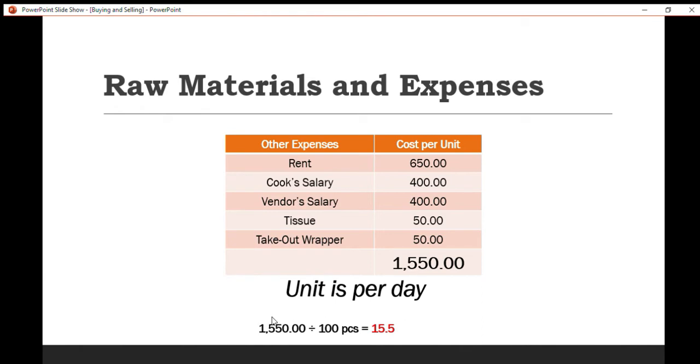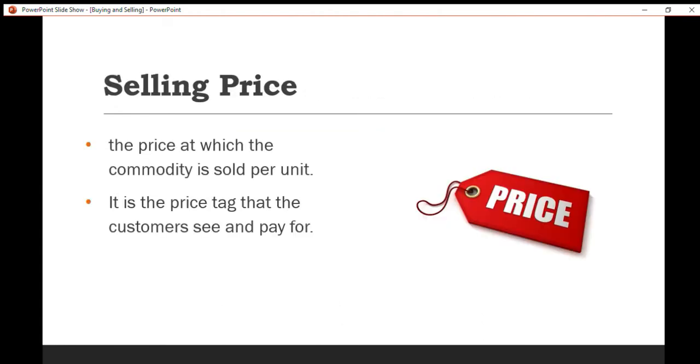That's 1,550 pesos divided by 100 pieces of banana Q. That gives us 15.50 pesos. Ang laki ng nagagastos para lang sa isang piraso ng banana Q. Nagbabayad ka ng 15.50 pesos for the services alone. Wala pa dyan yung banana Q mismo.